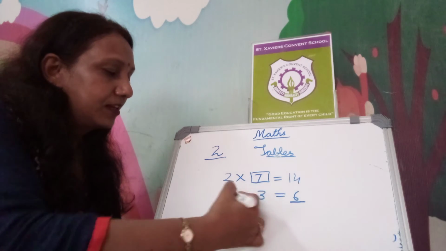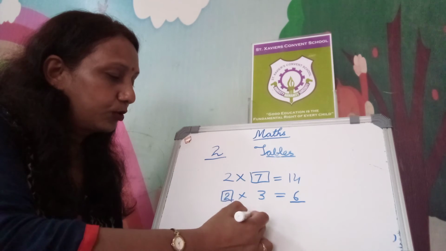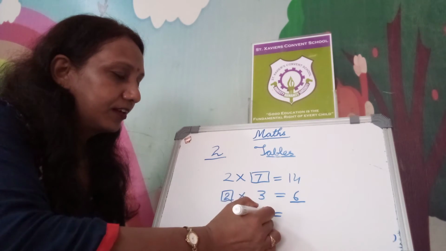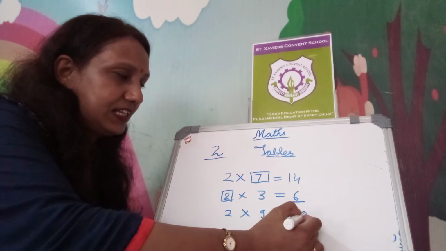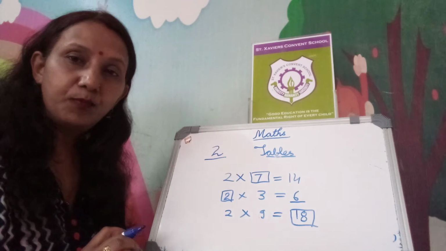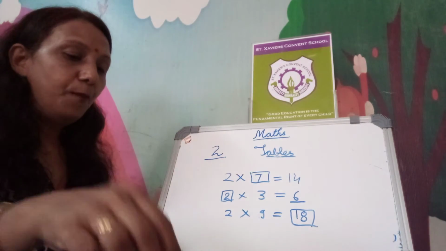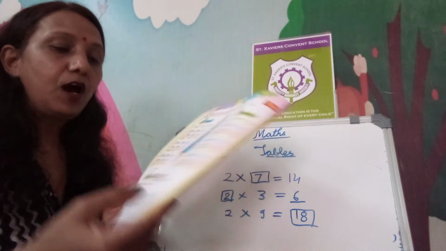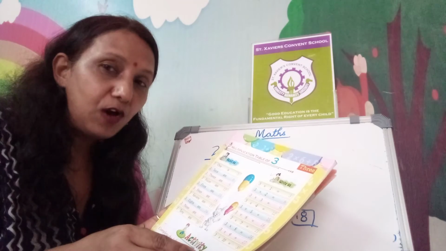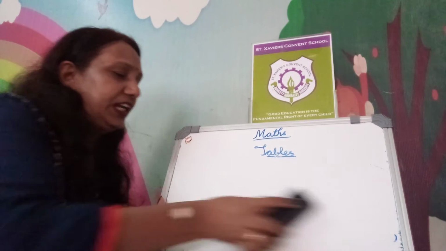The answer will be 6. 2 3s are 6. Okay. Now 2 9s are what? 2 9s are 18. So this way you can fill the answers in the blocks. Alright. So page number 6 is done. Now open page number 7. We will learn the table of 3, after 2, the table of 3.